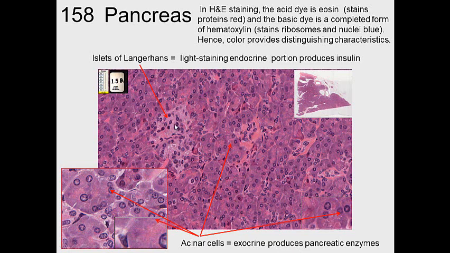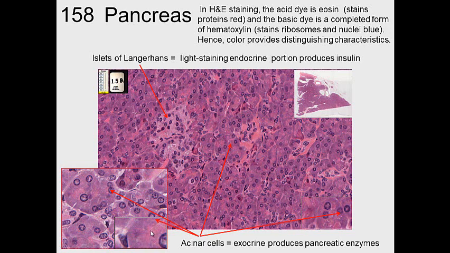Hematoxylin and eosin are the two stains that we use in combination, and the acid dye is eosin. The acid dye eosin stains proteins red. So what we see here in the lumen in through there are proteins that are produced.